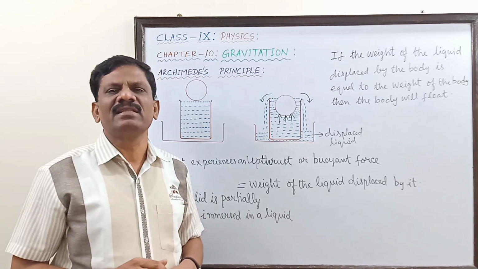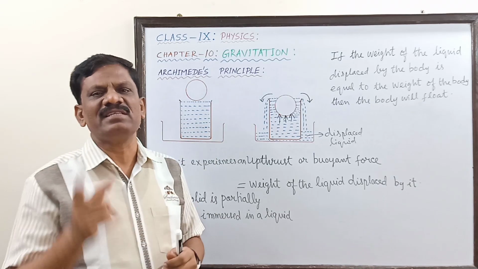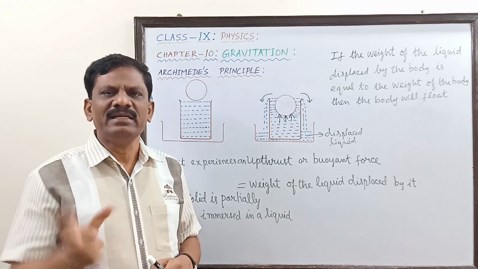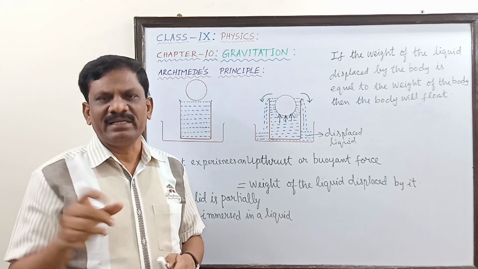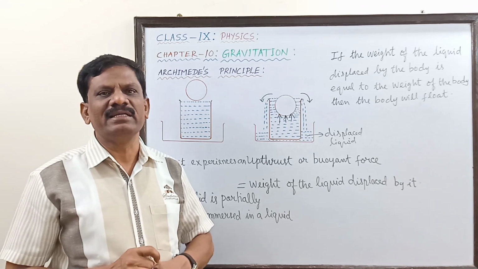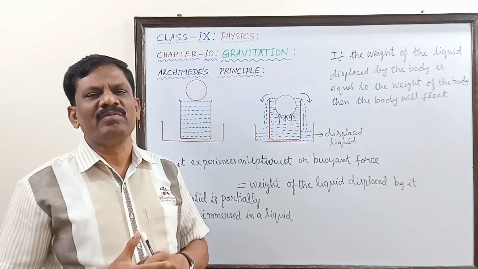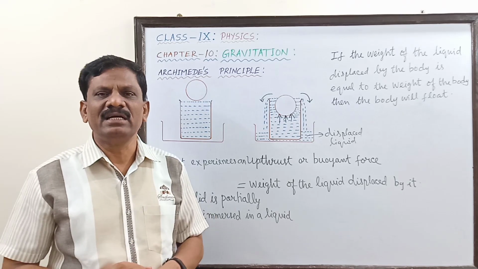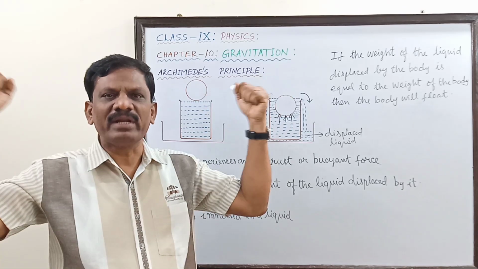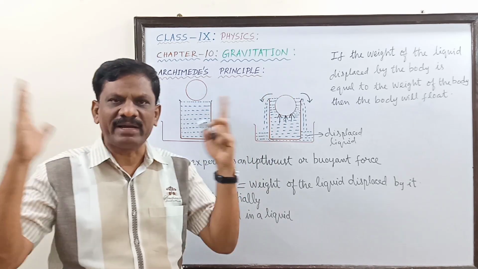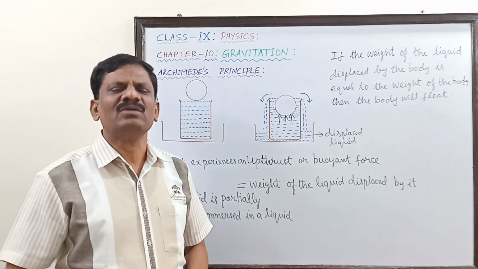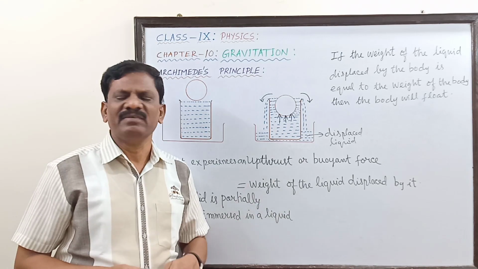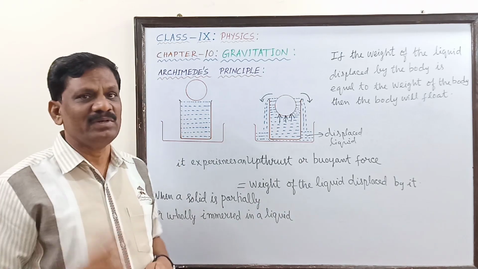Archimedes said that the size of the crown will be bulkier if silver is added, because silver is heavier than gold. Then he immersed it in a bathtub and realized that the crown was not made of pure gold. The moment he found the secret, he shouted, Eureka, Eureka, meaning I have found the truth. This is a story from Greek mythology, whether it is true or not, but Archimedes principle is true.